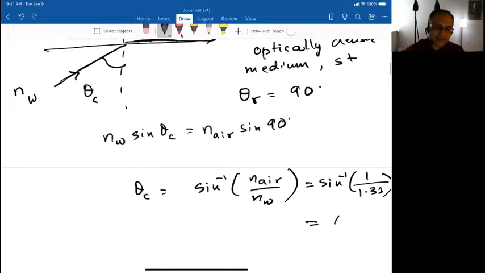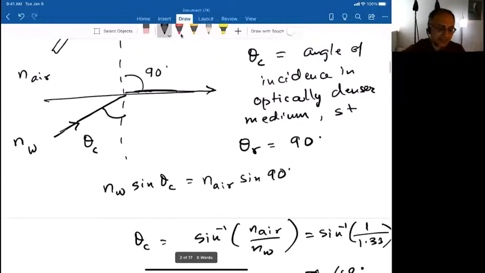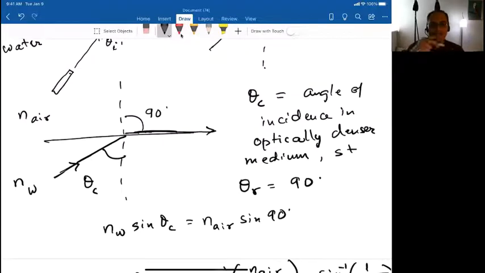I think it's going to be something like 48 degrees, if I remember correctly. So that means the critical angle is 48 degrees for an air-water interface.